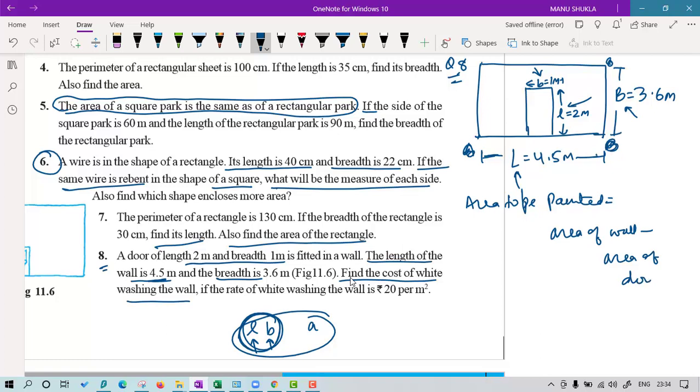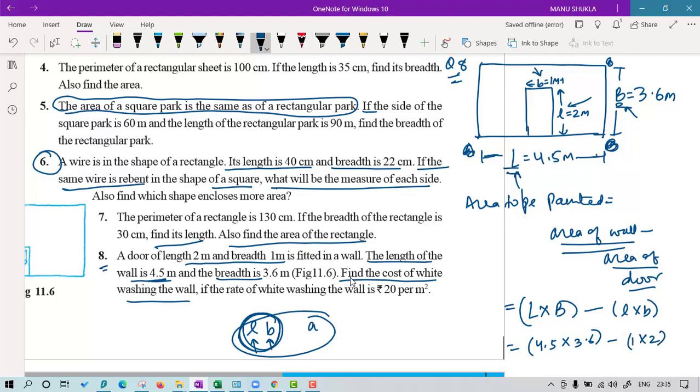It is given by capital L into capital B, bracket, minus area of door, small l into small b. Now put the values and get the answer. So 4.5 into 3.6 minus 1 into 2. And if you solve it, you will get the desired answer easily. So let's see what it gets.